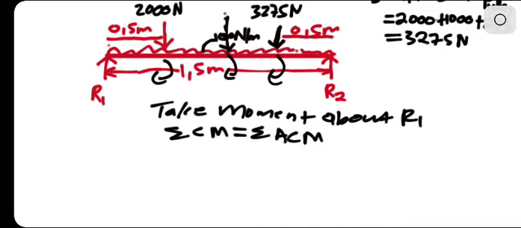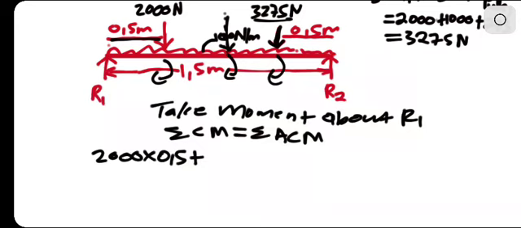All right, so we have 2000 multiplied by this distance, which is 0.5. Are we together there? Plus we have this one now; it will take the distance there.